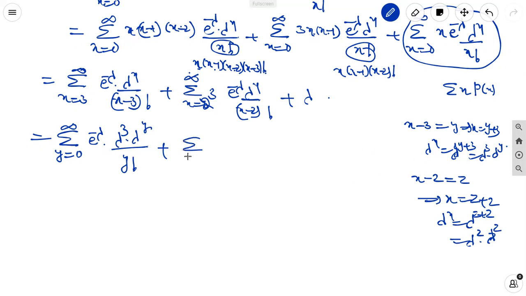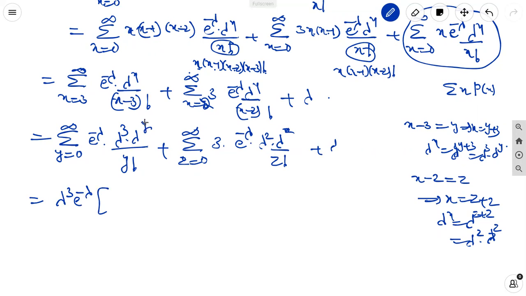So we can write it as summation z starts from 0 to infinity, that is the transformation of the variable, 3 into e power minus lambda, it is lambda square into lambda power z by z factorial, plus lambda. Here lambda cube is outside, e power minus lambda outside, then substitute 1 plus lambda by 1 factorial plus lambda square by 2 factorial plus so on, plus 3 lambda square e power minus lambda outside.